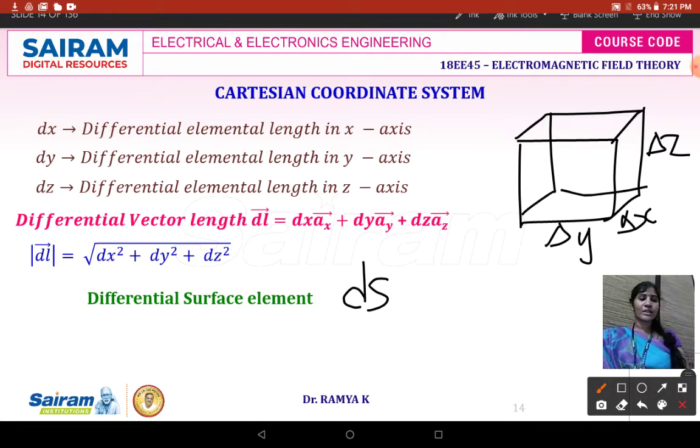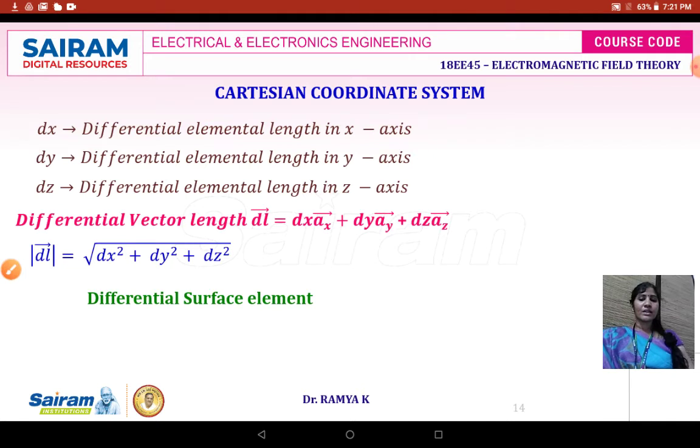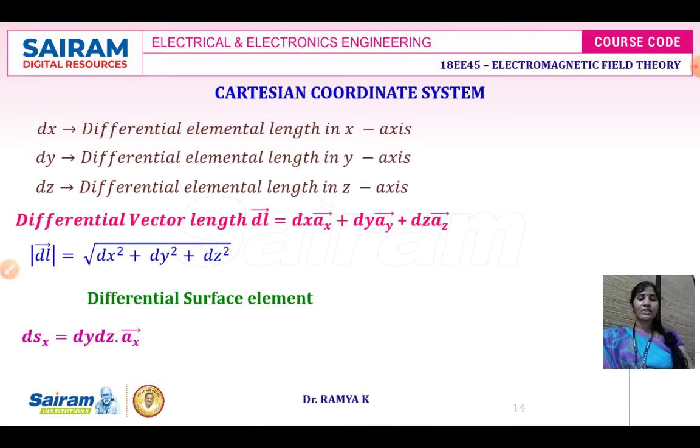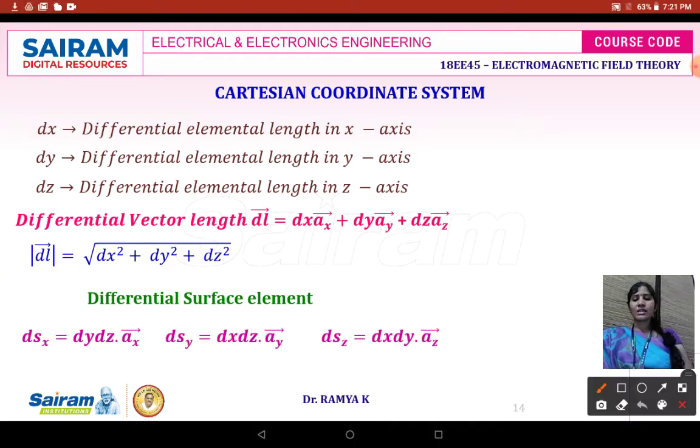Suppose you are considering these three axes: dsx, dsy and dsz. dsx is nothing but the differential surface area along the x-axis. Therefore, the unit vector is going to be along your x-axis. dsy is the differential surface area along the y-axis. Therefore, the unit vector is going to be ay. dsz is the differential surface area along the z-axis. Therefore, the unit vector is going to be az.